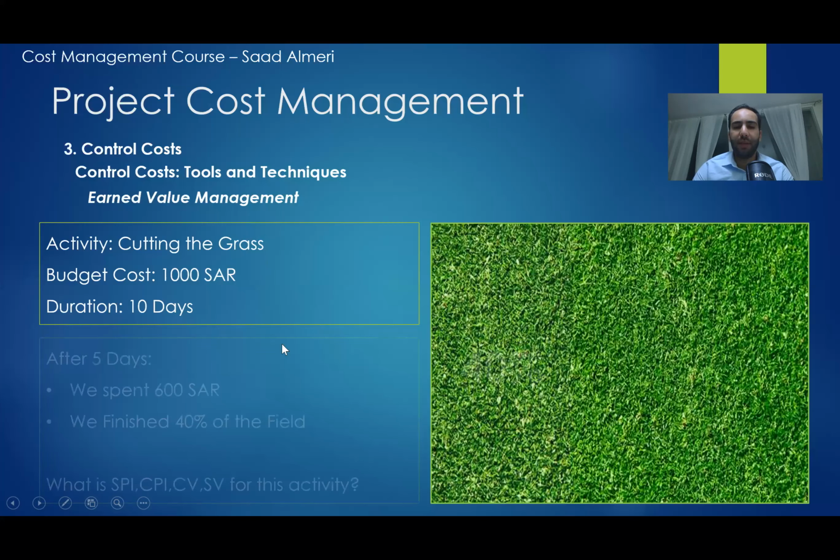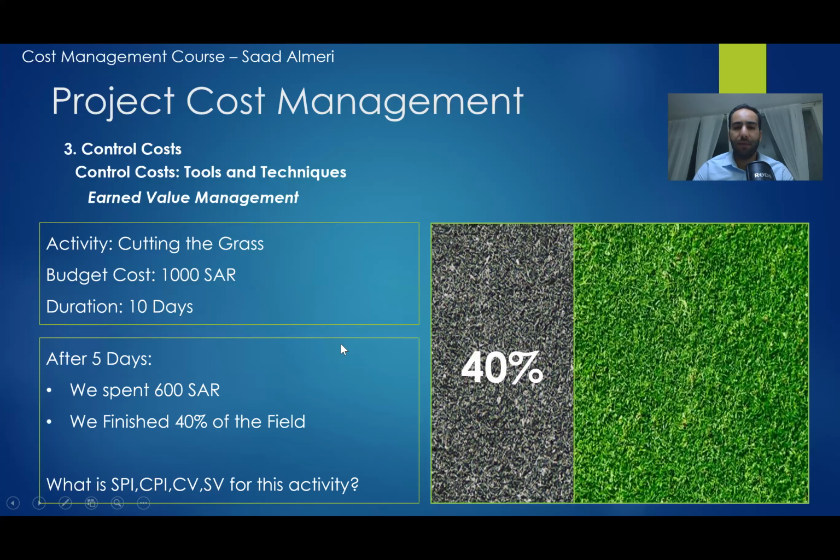So after 5 days, I come to the project as a supervisor or as a project manager, and I found that we spent 600 currency units or Saudi Riyal for this activity up to now. So we finished 40% of the field.